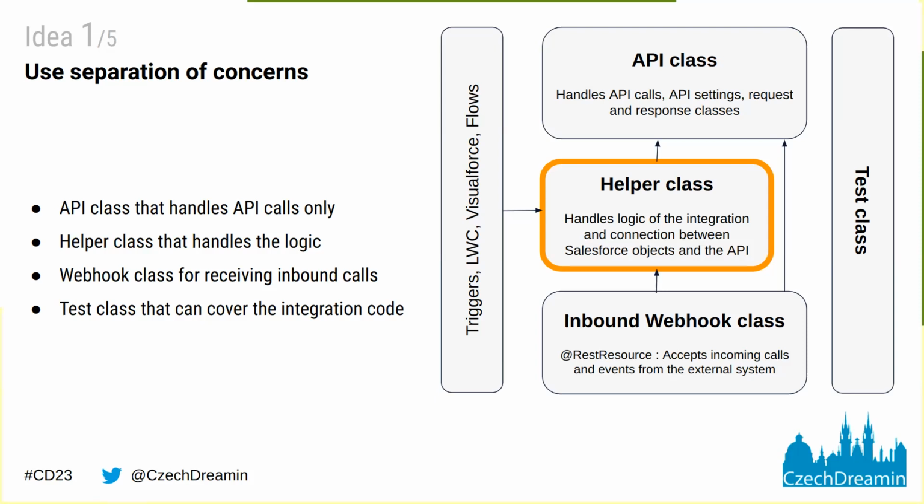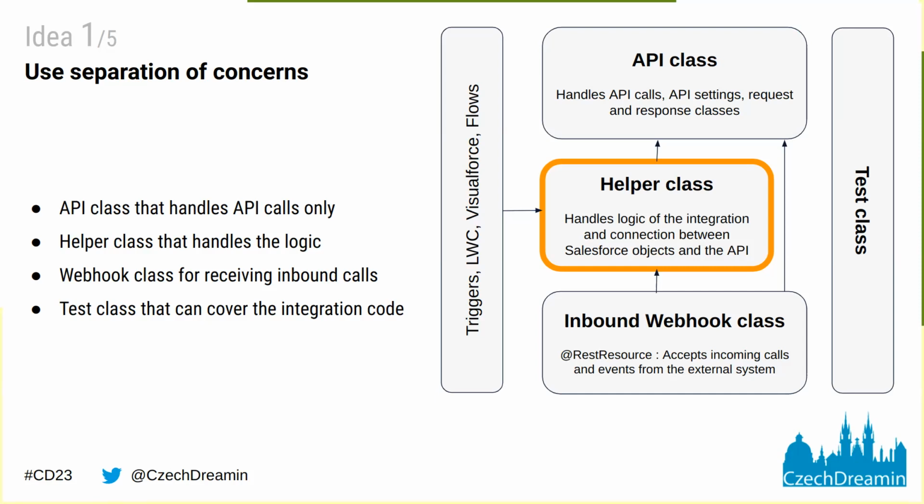The methods from the helper class are called from other places that are going to trigger the integration logic, like triggers if the integration is automated, Lightning Web Components or Visualforce if the integration is real time, so the user will see the result, and basically all the places where you want to start the integration logic.